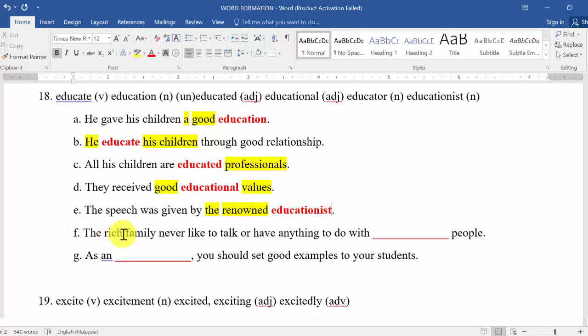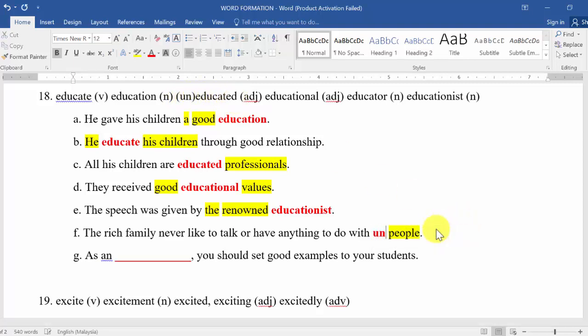Next one. The rich family never likes to talk or have anything to do with what people? We have people here, a noun, so usually a blank in front of a noun should be an adjective. Which adjective to choose? We have used educational and educated, so we are left with one last adjective, which is uneducated.